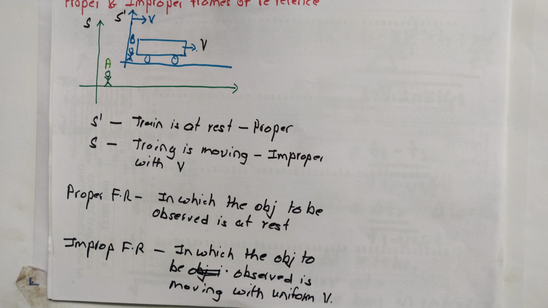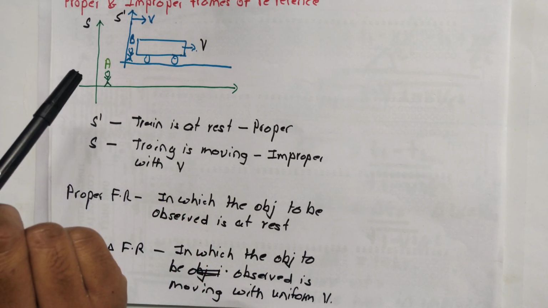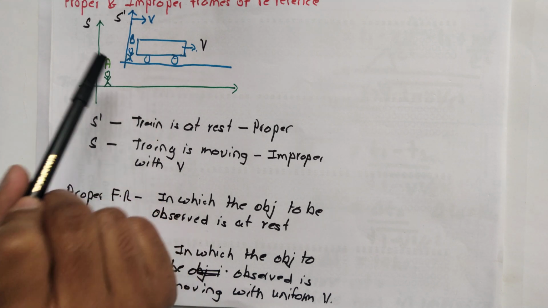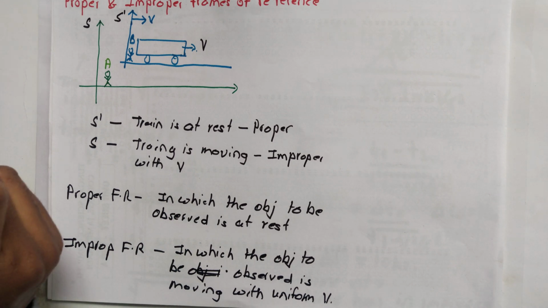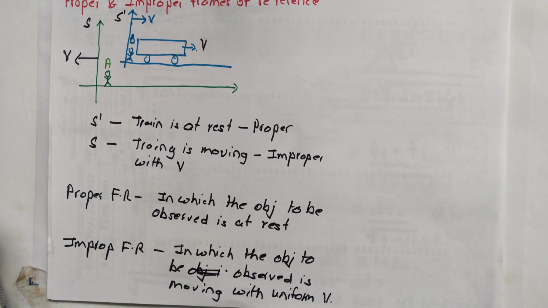Now why is it important? Because this helps us to differentiate between one frame and another frame. If we consider only observer A and observer B, according to observer A, B is moving, and according to observer B, if he looks outside, what he will see is that A is moving in the backward direction with velocity v. So the problem is: who is actually moving? If we depend on the observers, we cannot say who is right. That is the problem because of relativity.